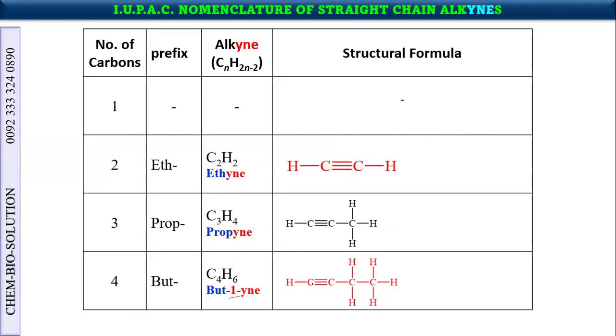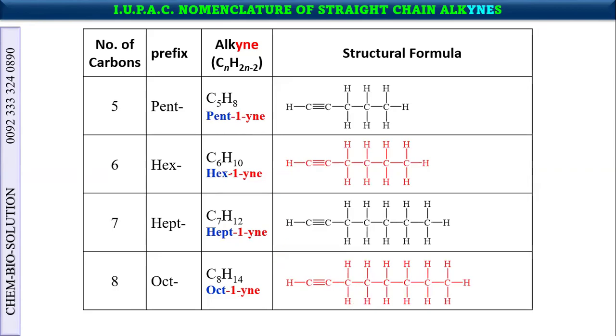So that's why it is necessary to mention the position. But up to propyne, it is not necessary, because definitely from where the triple bond is, it should be carbon number 1, then number 2 and number 3. But here the numbering could be changed. That's why, either in alkene or alkyne, the numbering is required from the 4 carbon chain. Similarly, pent-1-yne, hex-1-yne, hept-1-yne, oct-1-yne, and that's all.